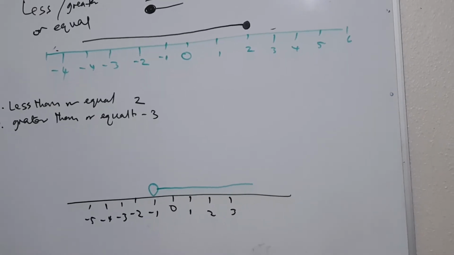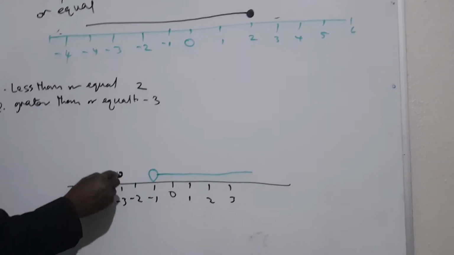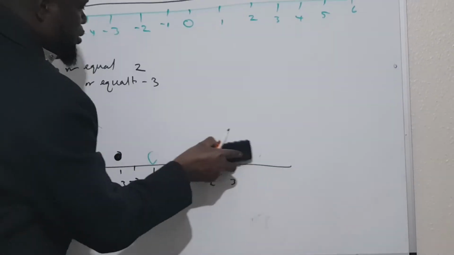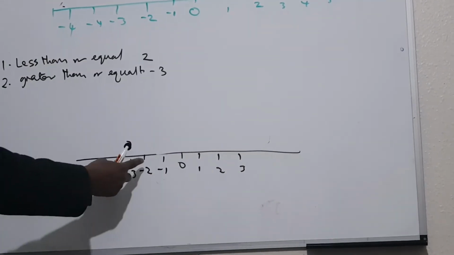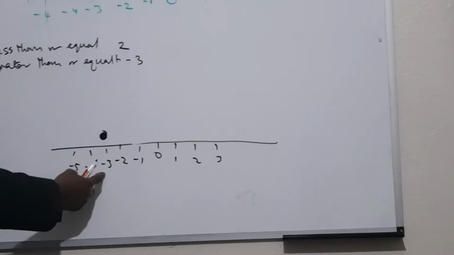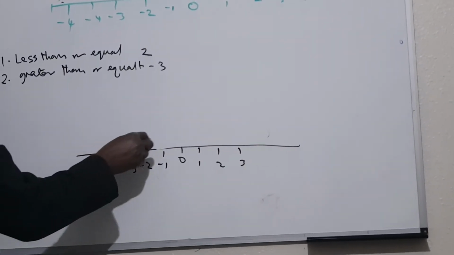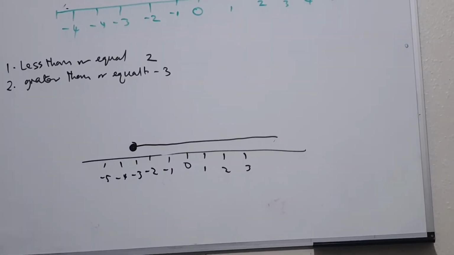Now, greater than or equal to minus 3, we look at our minus 3, we put our shaded circle. Since the numbers are greater than minus 3, they point to the right, so the tail will go towards the right. Do you guys get it?